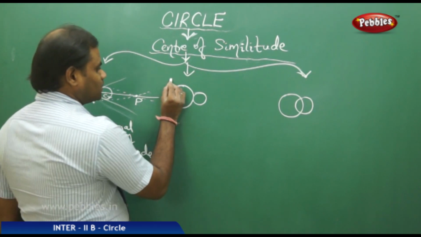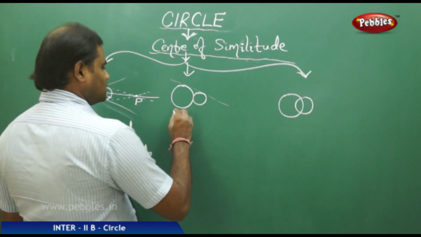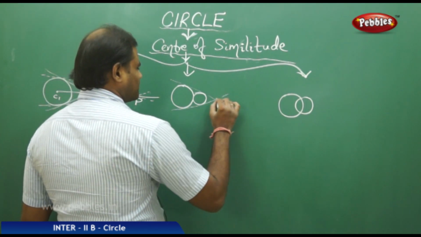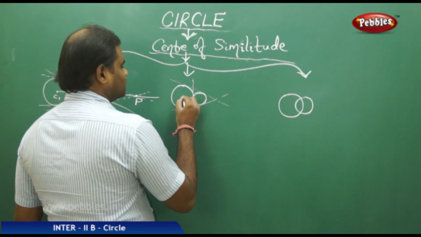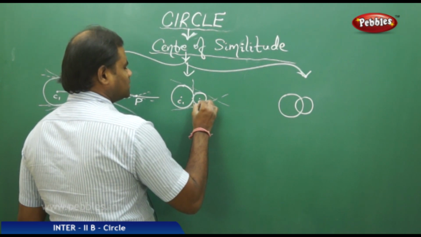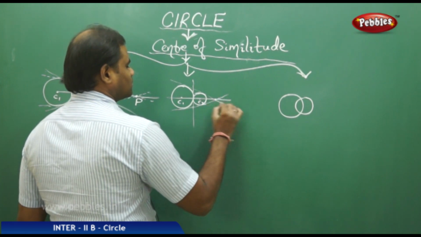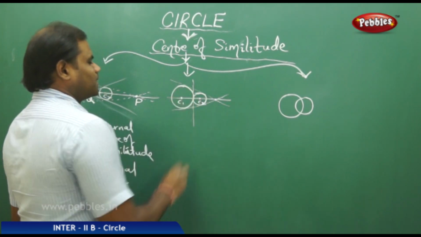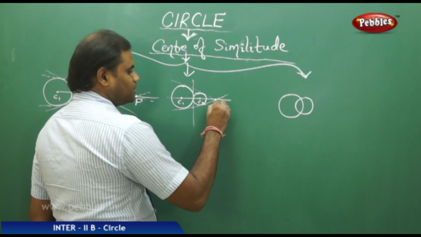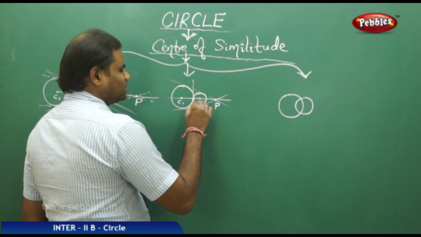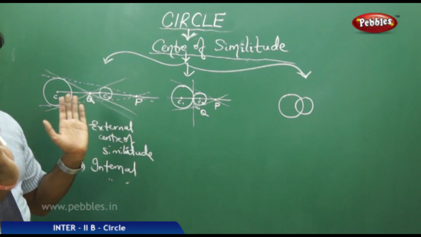Next, for the intersecting circles, we know that there are 3 pairs of tangents which I can draw: 1, 2 and 3. If the center of this circle is C1 and this is C2, then if I join them, there are 2 points of intersection, one is P and the other is Q. Here Q is between the two centers C1 and C2.